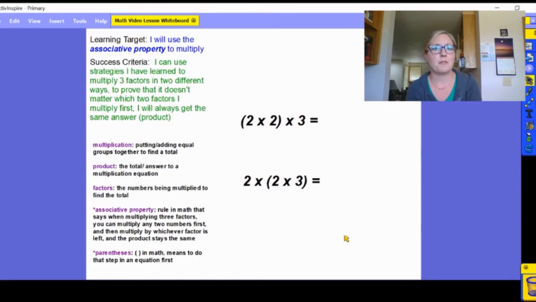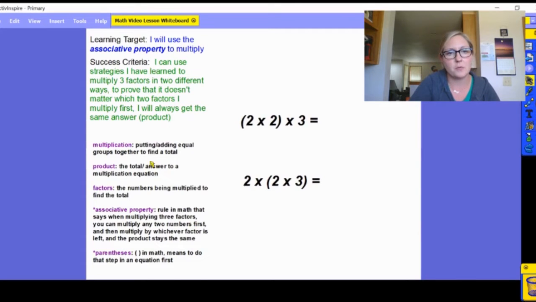We will multiply the 3 factors in 2 different ways. So we'll be grouping them together, kind of like I showed with the toothpicks, and solving that same equation 2 different ways to prove that it doesn't matter which 2 factors we multiply first, we will always get the same answer. We should always get the same answer.